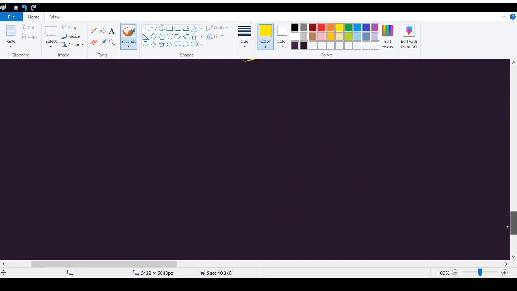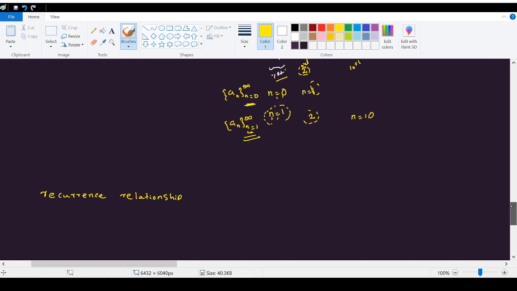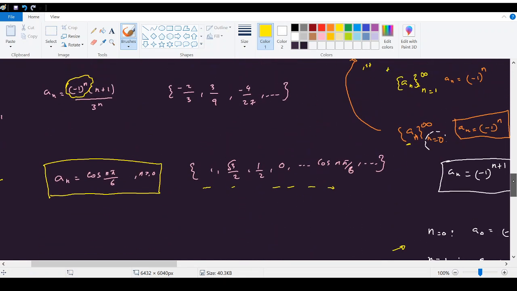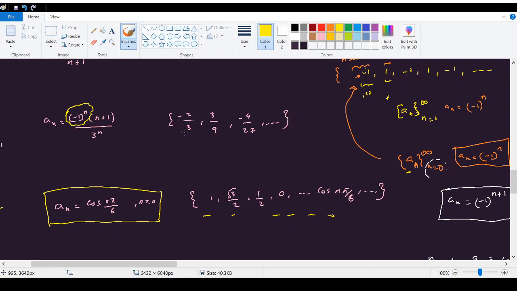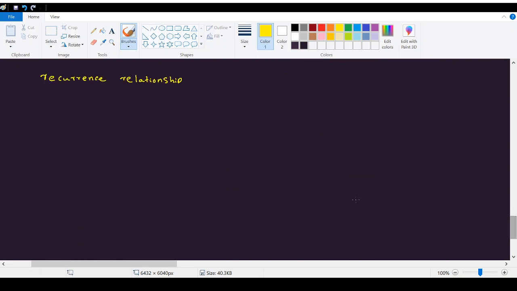And there is one more thing that I need to explain, that is the recurrence relationship, which means the term in the front depends on the value of the term in the back. Like now, see, in the previous examples, all these values at each of these positions are independent of the value at the previous positions, right? But what if we define relationships like this?